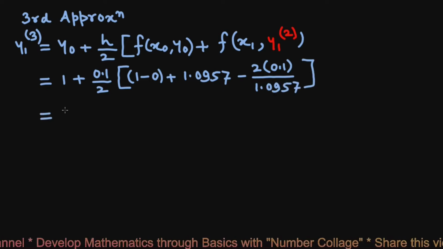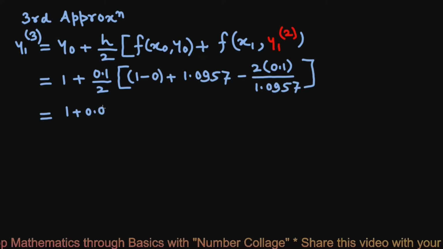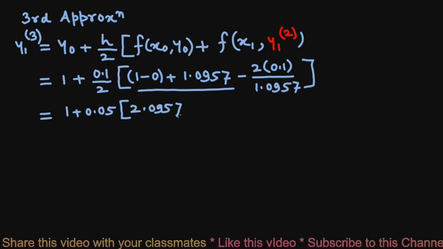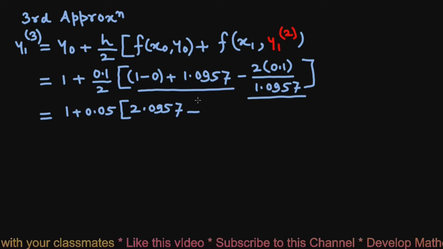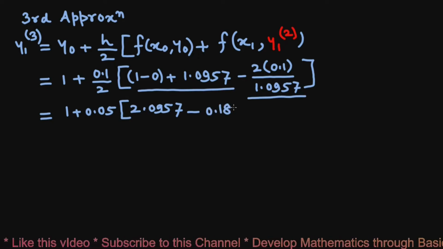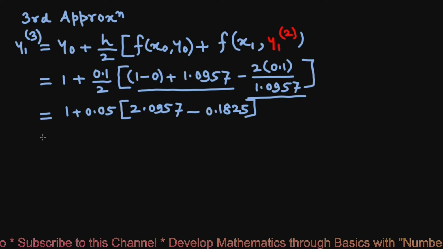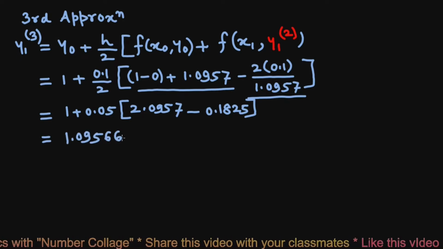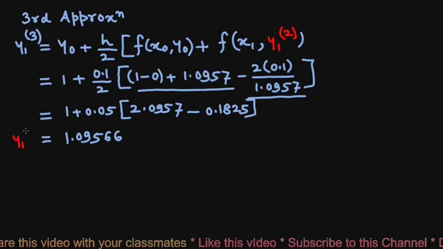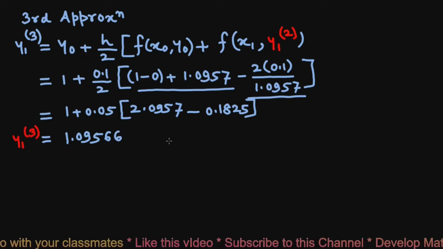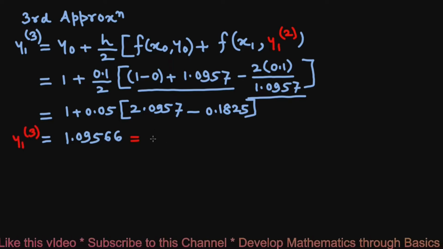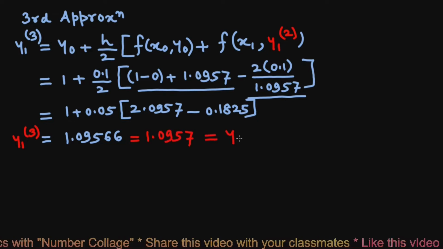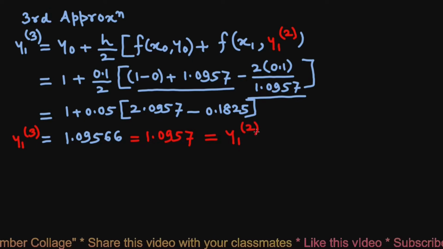That will be 1 plus 0.05 times [2.0957 minus 0.1825], so that will be 1.09566. So the third approximation of y1 will be 1.0957, which is the same as the second approximation of y.